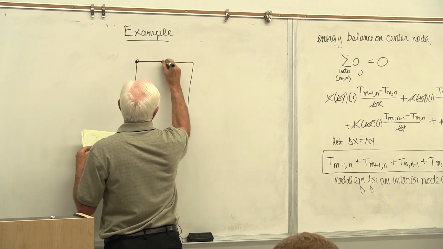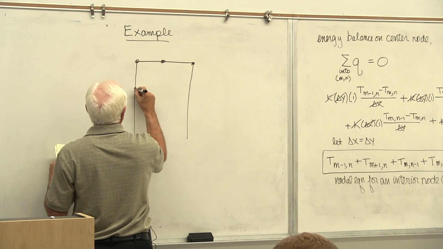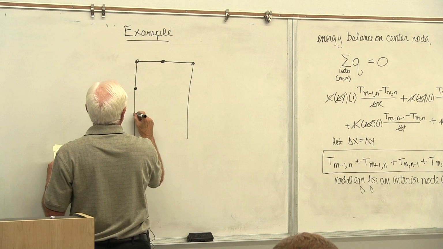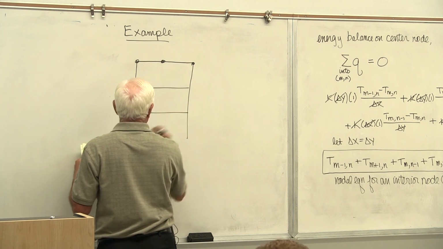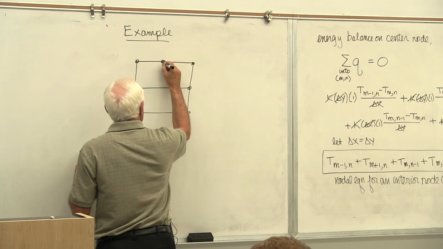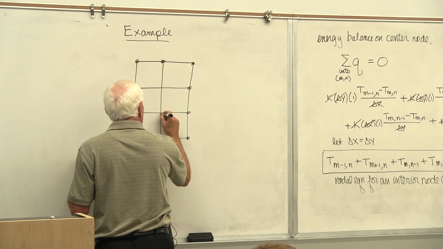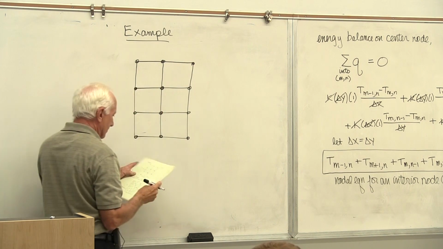And I'm going to use the finite model for this plate. Let's see, we've got 3 nodes there, and there, and there. So I'm going to break this plate down into nodes and heat conducting rods. Nodes and heat conducting rods.